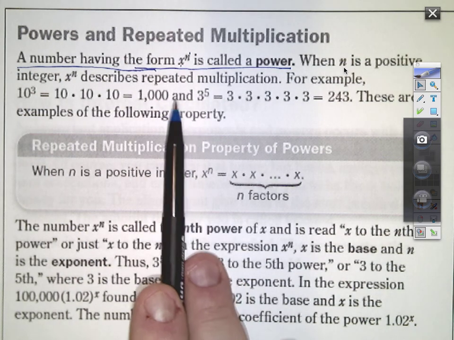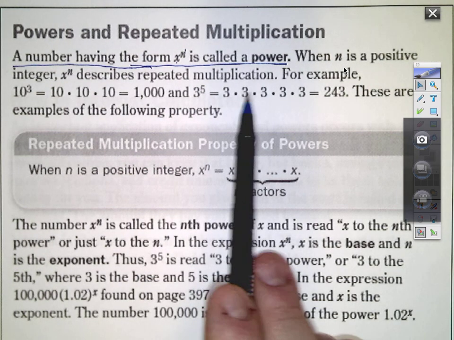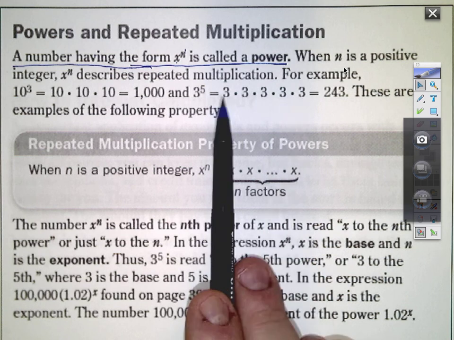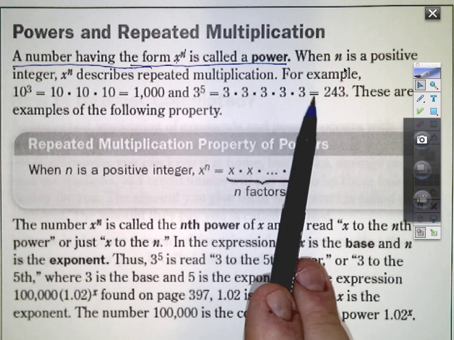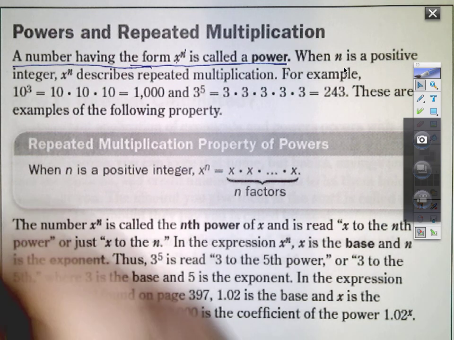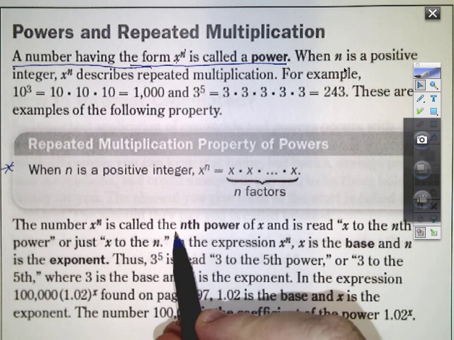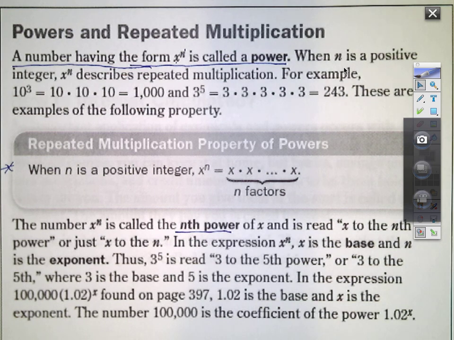3 to the fifth power is the same thing as saying 3 times 3 times 3 times 3 times 3, 5 threes, which is equal to 243. Okay, so this is a very valuable power that you need to have, and you're going to want to write this down. The number x to the n power is called the nth power of x.